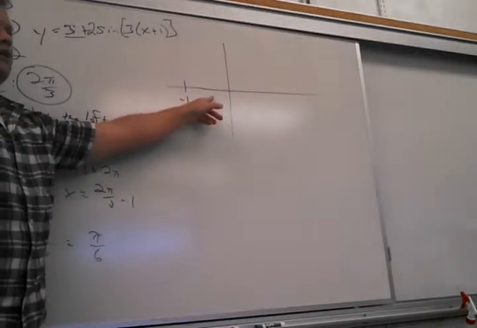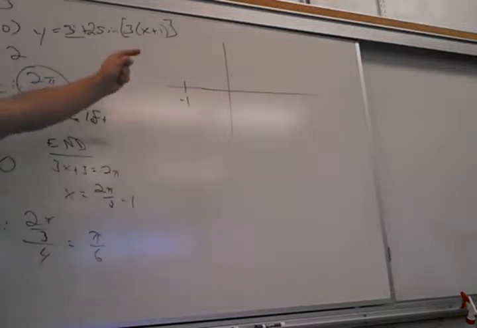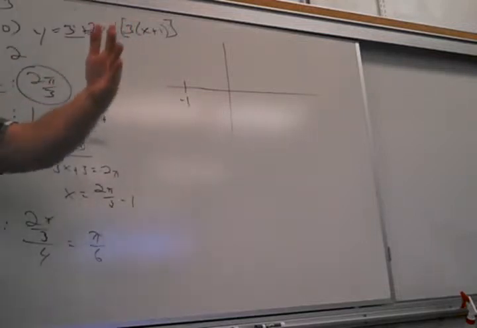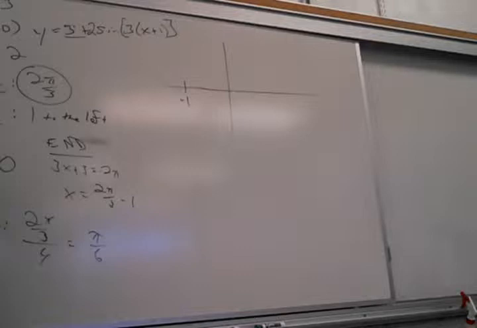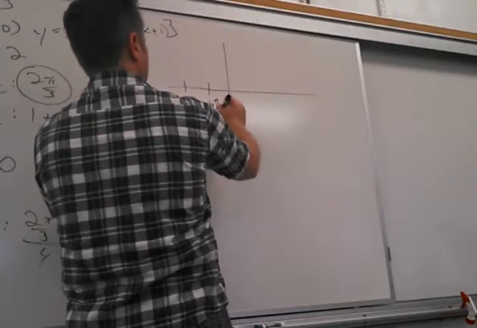So the next point is going to be -1 plus pi over 6. And all that really matters visually is, is that more than 0 or less than 0? And pi over 6 is roughly half. It's a half. I love it. Pi is roughly 3 if you want to be. I don't care. All I need is a rough estimate. So it's going to be maybe right here, -1 plus pi over 6.